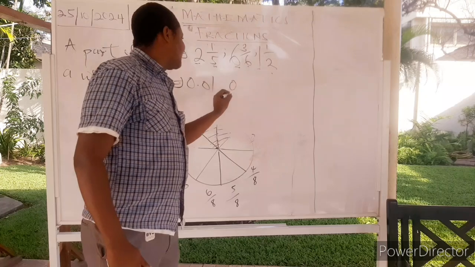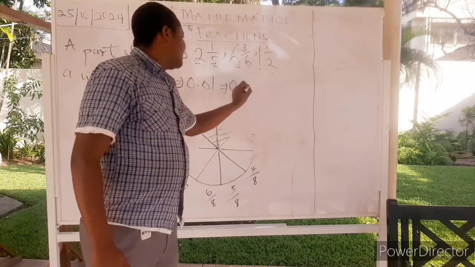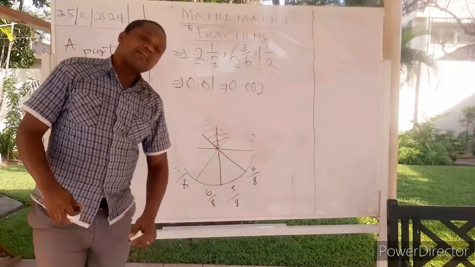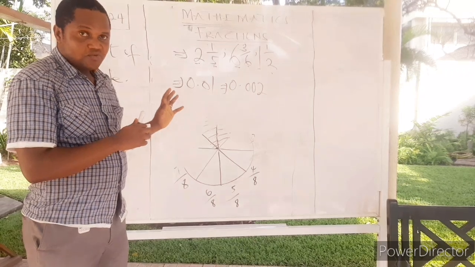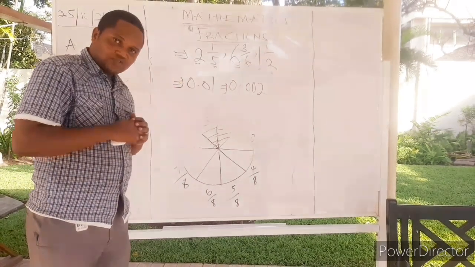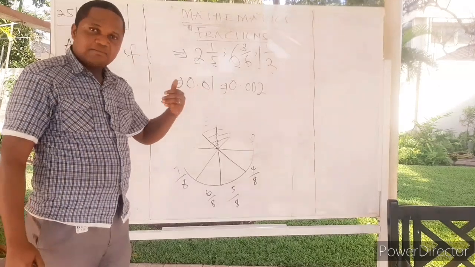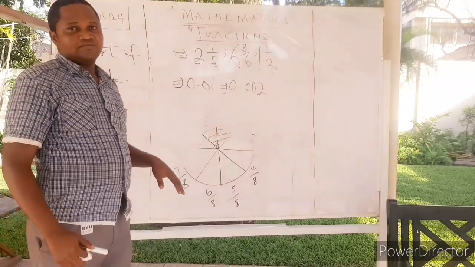Another one is 0.002. So these are decimal numbers. But like I said, when we are talking about fractions, we include these as some of the types, because questions will come in the future where you'll be asked to change these to fractions.